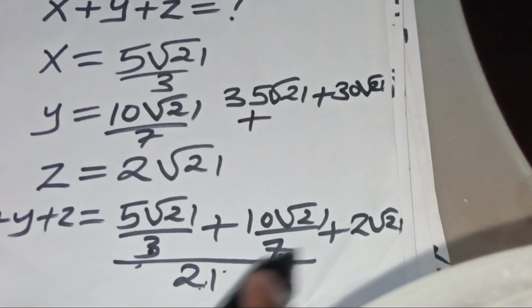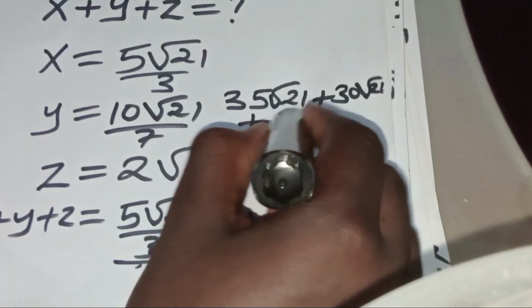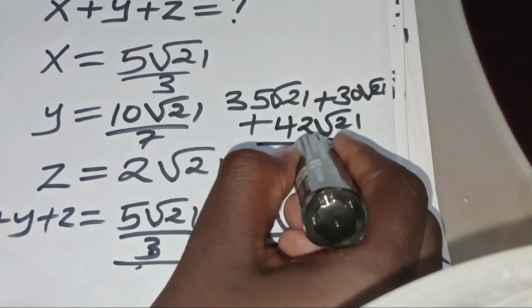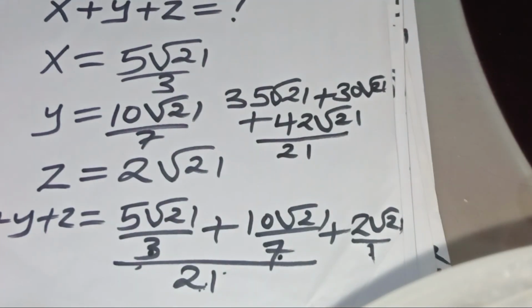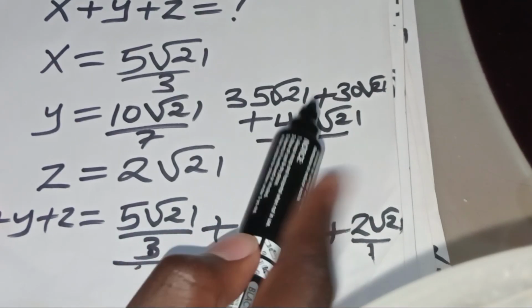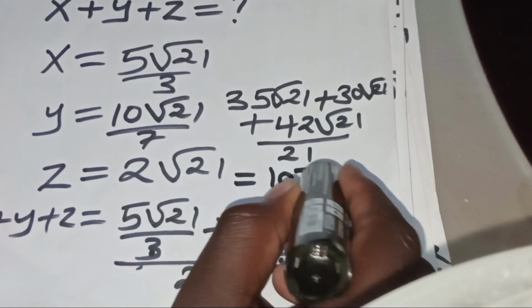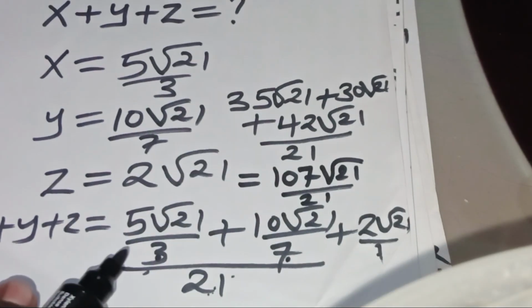Plus 21 divided by 7, which is 3, and 3 times 10 is 30 square root of 21. Plus 21 times 2, which is 42 square root of 21, all divided by 21. So 35 plus 30 is 65, and 65 plus 42 is 107 square root of 21 divided by 21.